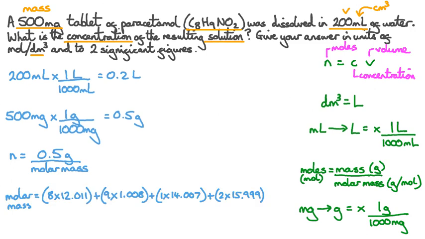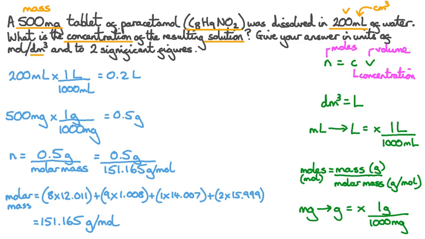So to get our molar mass, we add the masses of 8 carbons, 9 hydrogens, 1 nitrogen and 2 oxygens all together, which gives us a molar mass of 151.165 grams per mole.